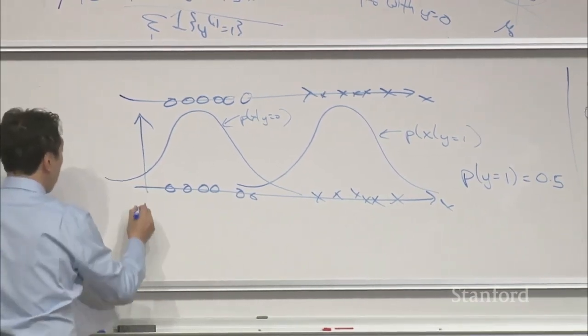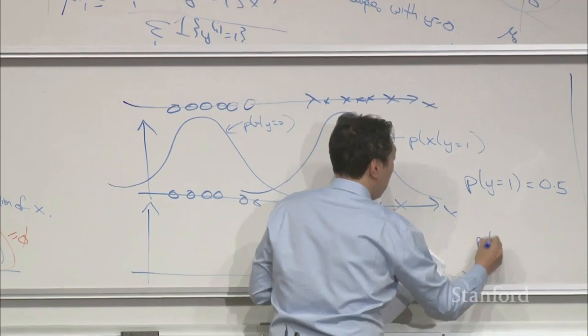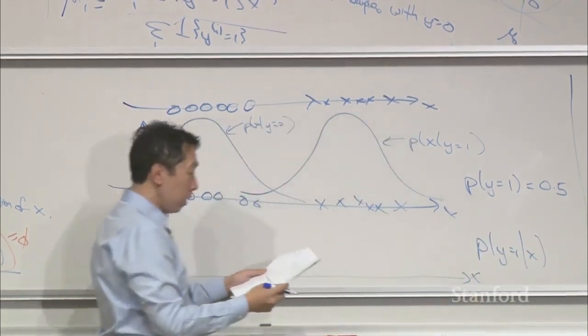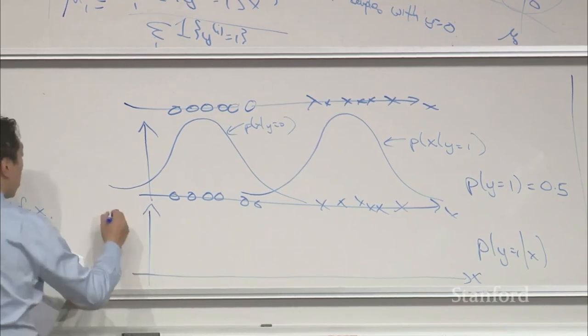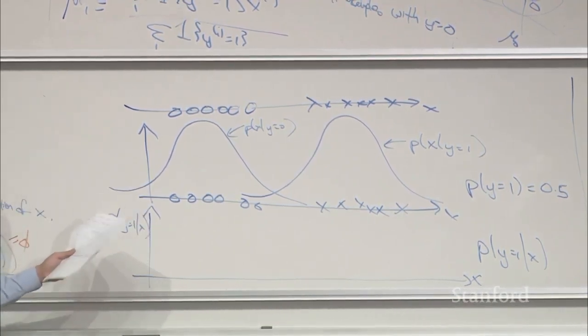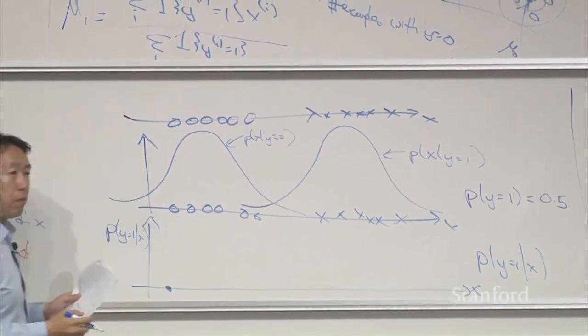Now, let's go through that exercise I described on the left of trying to plot P of y equals 1 given x for different values of x. So the vertical axis here is P of y equals 1 given different values of x. Let's pick a point far to the left.